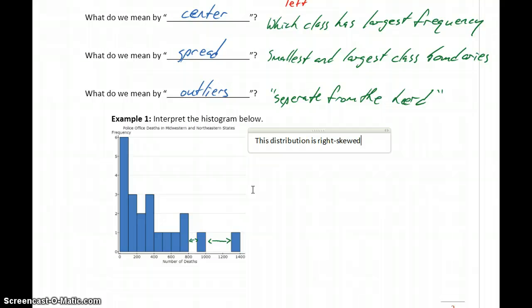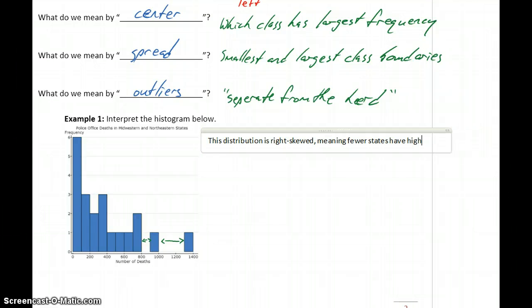That's an initial thing to pick out. We want to talk about the shape, but now we want to state what that means for this data. So this distribution is right-skewed, meaning fewer states have high numbers of police officer deaths.